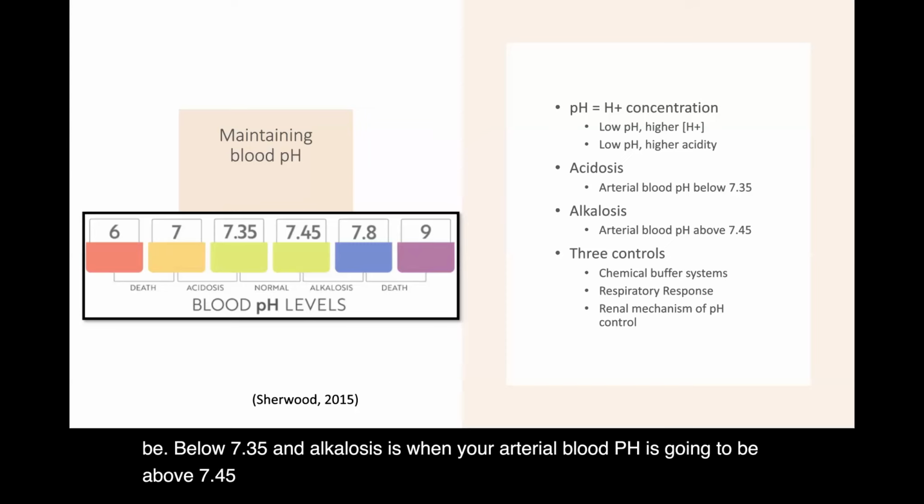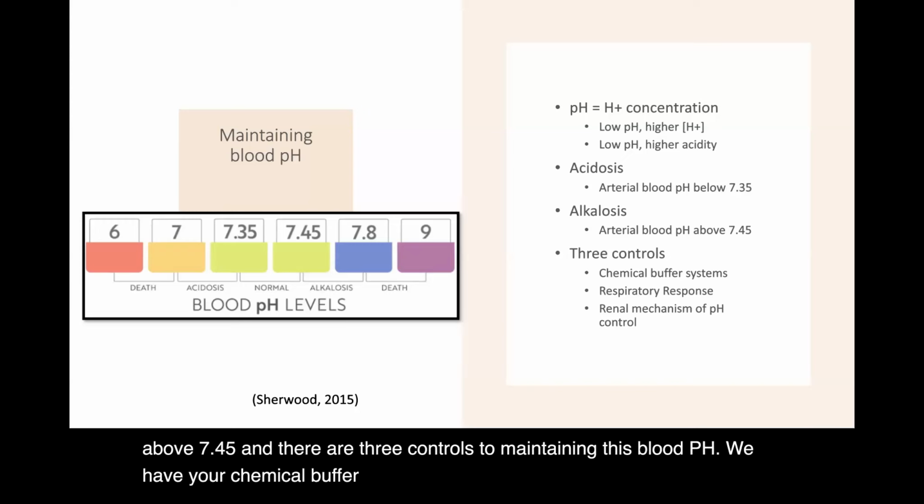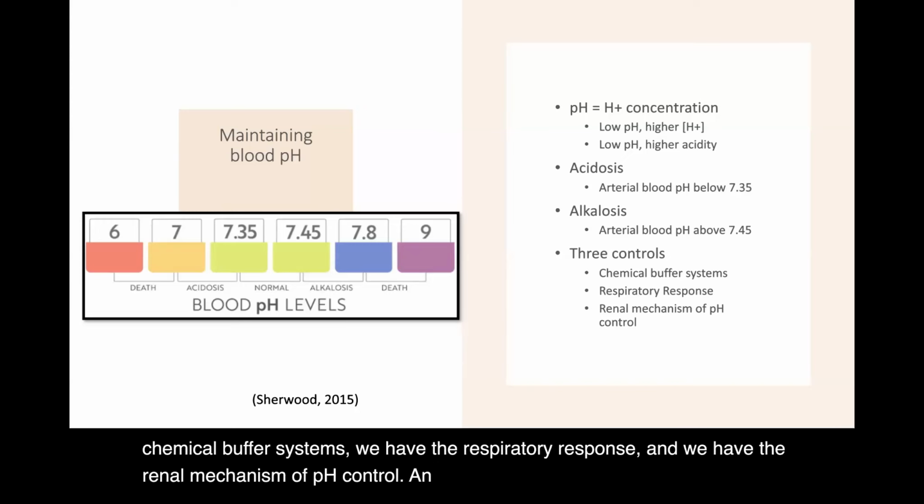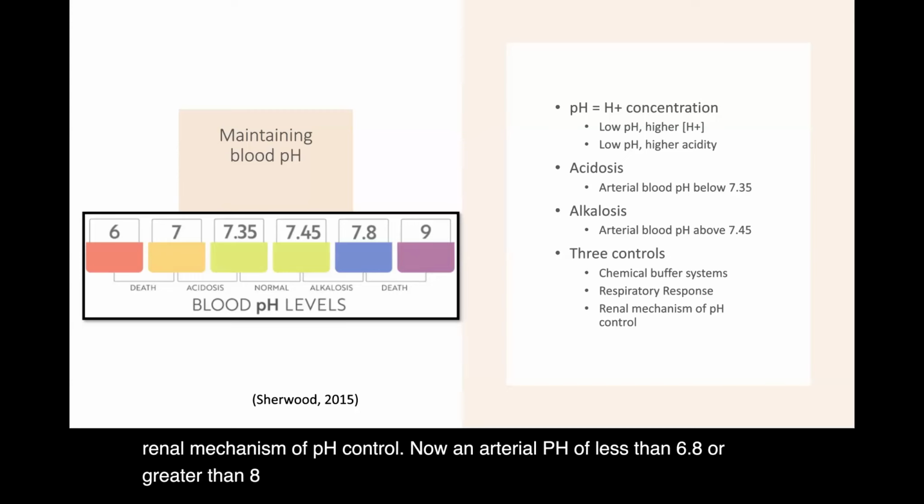And there are three controls to maintaining this blood pH. We have your chemical buffer systems, we have the respiratory response, and we have the renal mechanism of pH control. Now, an arterial pH of less than 6.8 or greater than 8.8 is not going to be compatible with life.